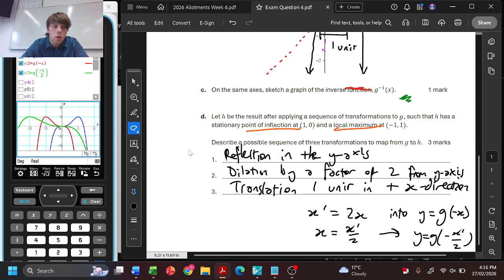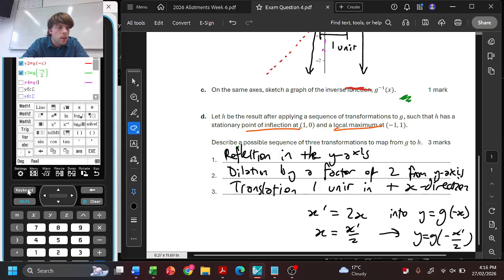When we're doing a translation in the x direction, we replace x with x minus 1, because remember, it's the opposite of what you might think. So we're going to replace x with (x minus 1) over 2.